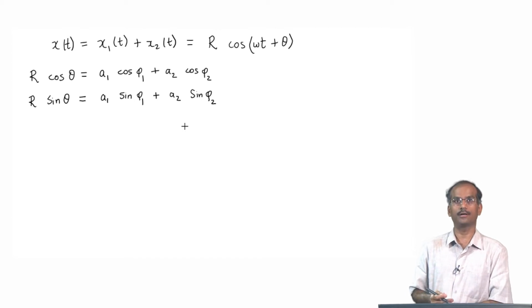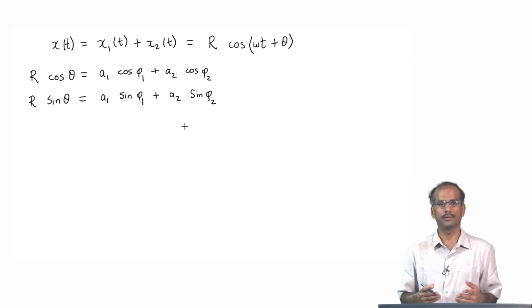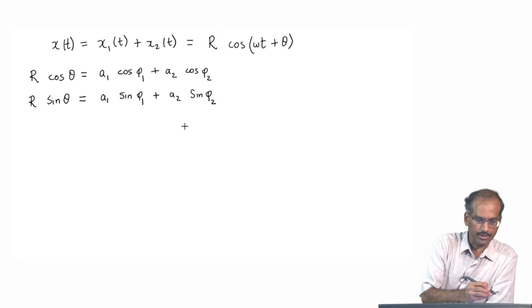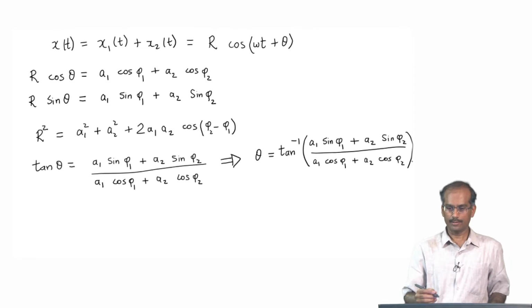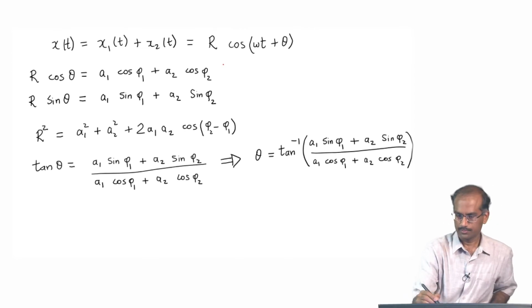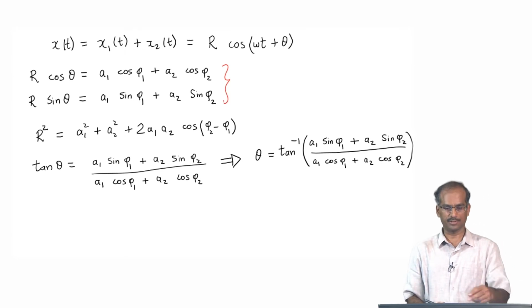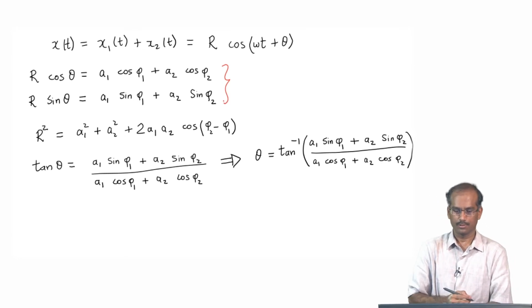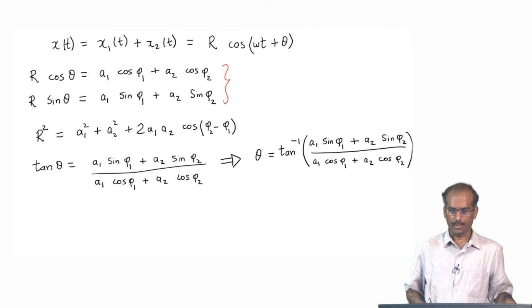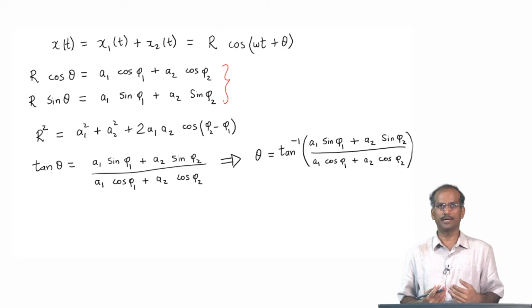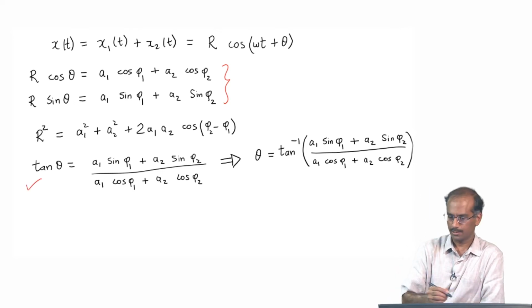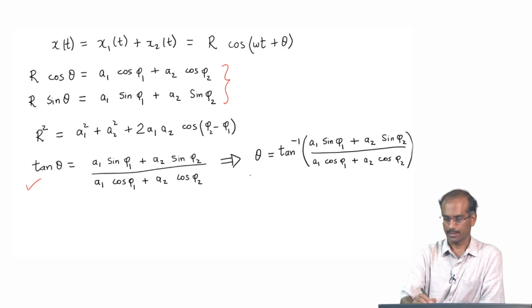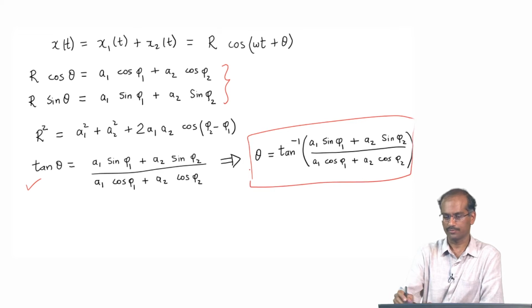If I want to find r, all I need to do is to square and add both these equations. If I do that, I will get an expression for r square, which looks like this, and if I divide r sin theta by r cos theta, I will get an expression for tan theta, and from this I can write theta as tan inverse of these constants.